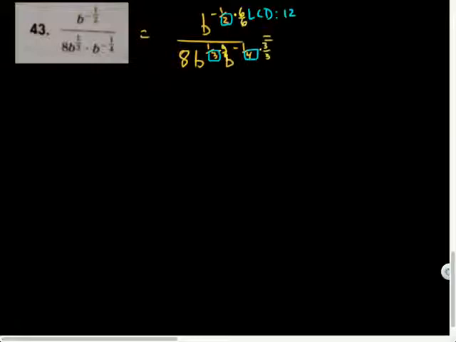So this will be b to the negative 6/12, this will be b to the 4/12, times b to the negative 3/12. All right, so that's just going to make things easier for me.